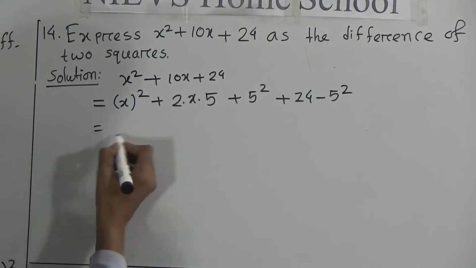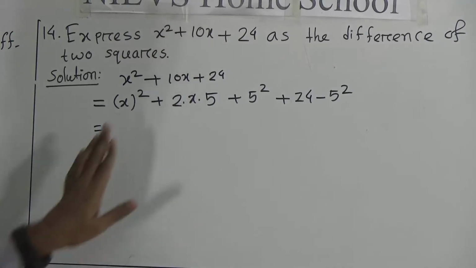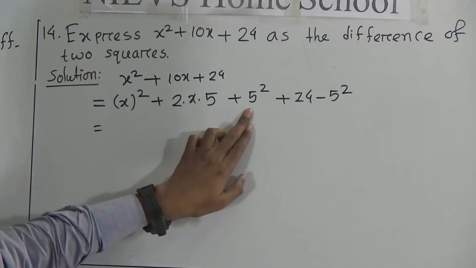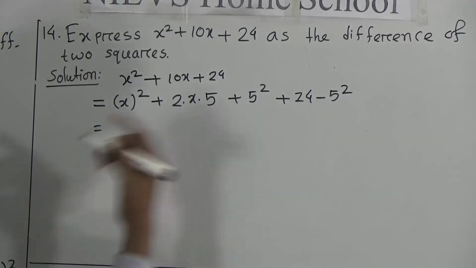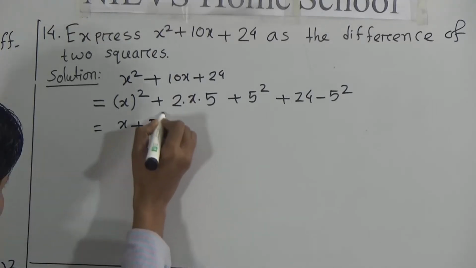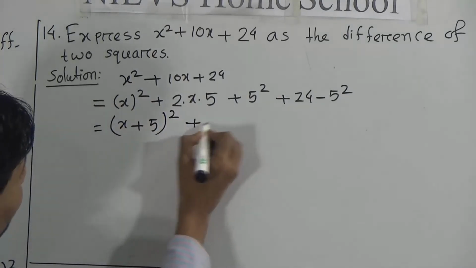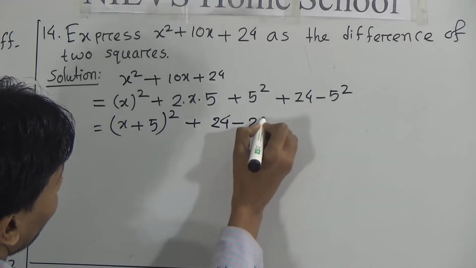Look, you see this expression is like this formula, a square plus 2ab plus b square. So we write according to that formula, x plus 5 whole square. Now 5 square means 25.